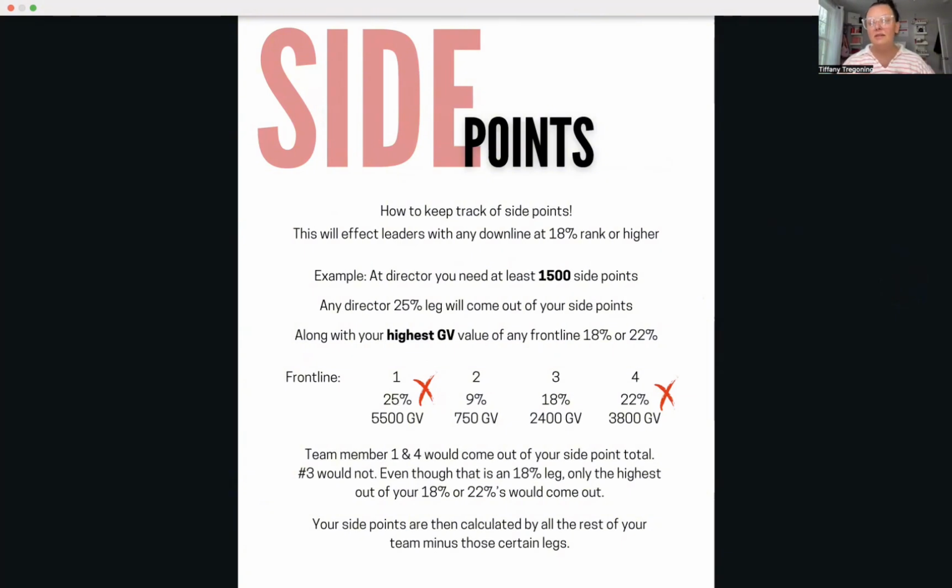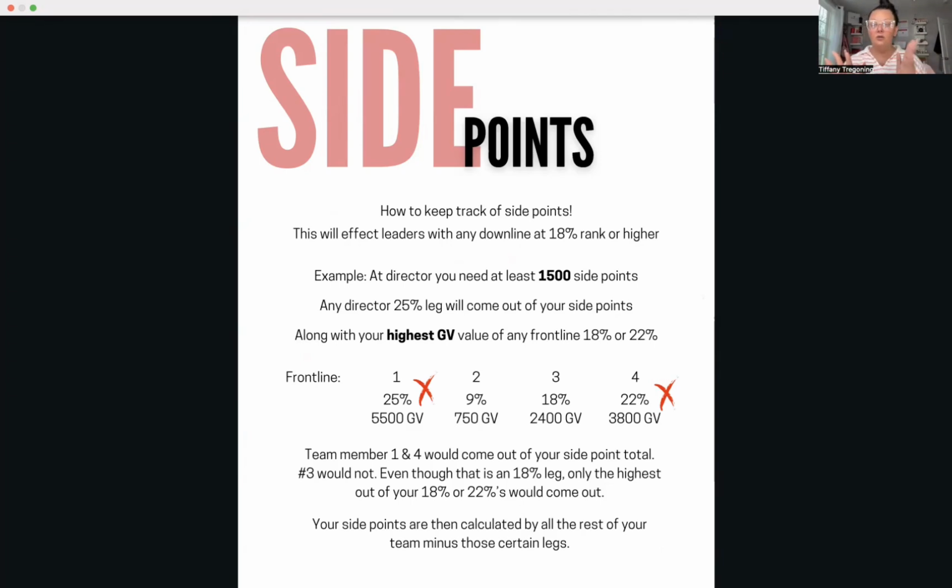Now, you can keep it in the back of your mind as you're growing your team, you really want to work on growing your team wide. Not just counting on one person or two people to really work underneath of you. The wider you build your team, the easier it is for side points, and you won't even have to worry about these numbers moving forward. So this is going to affect any leaders that have a downline at 18% or higher.